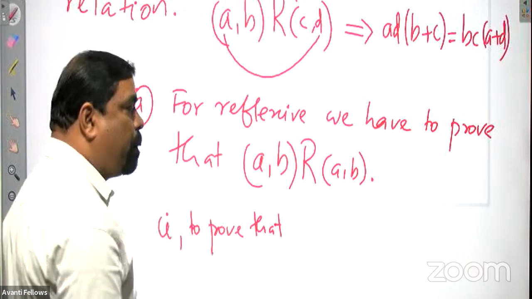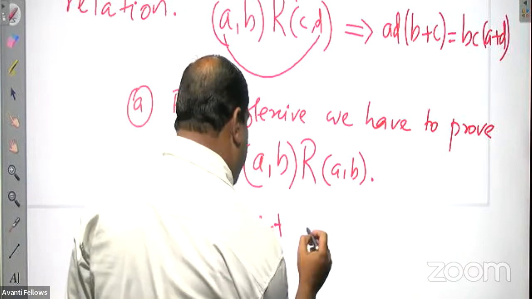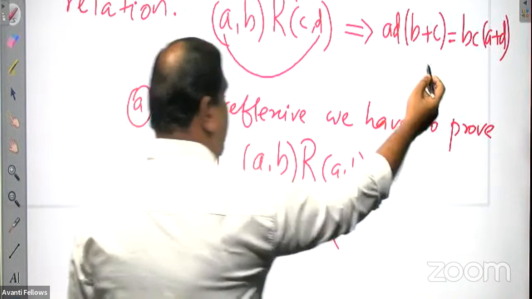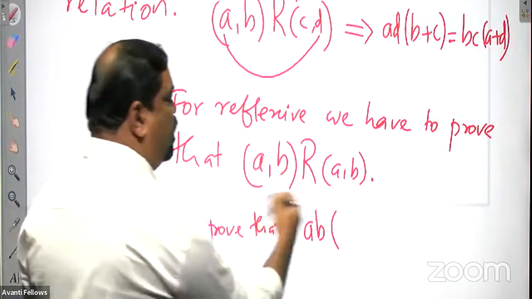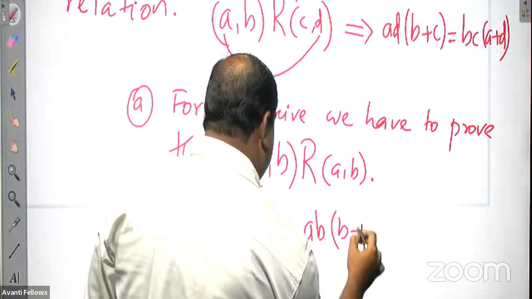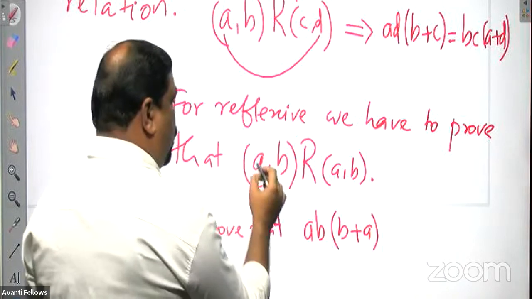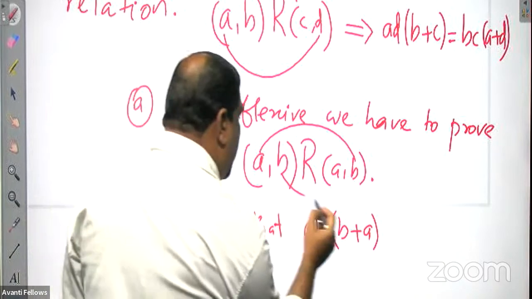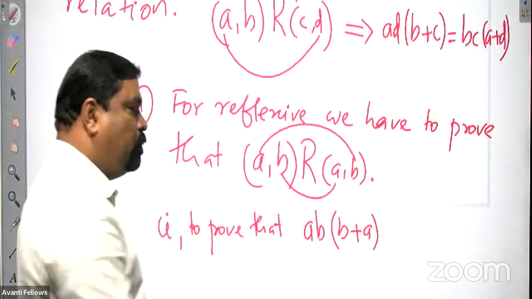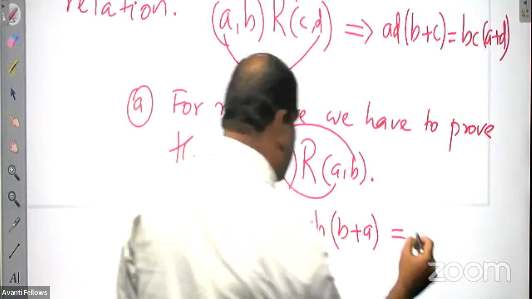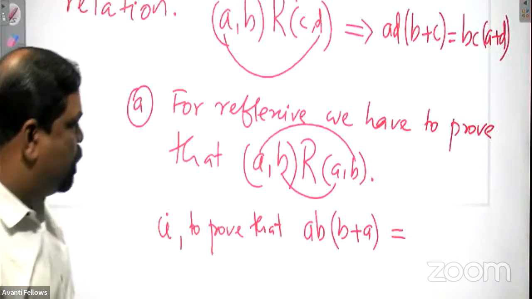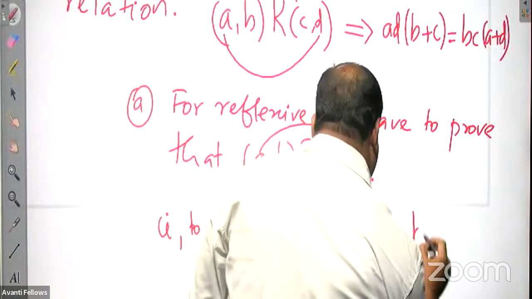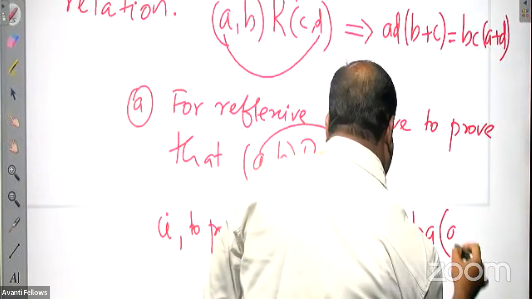That is, we have to prove that the product of first and last, that is A into B, AB into (B + A), where B + A means the sum of the other two elements, is equal to, in the reverse way, BA into (A + B).